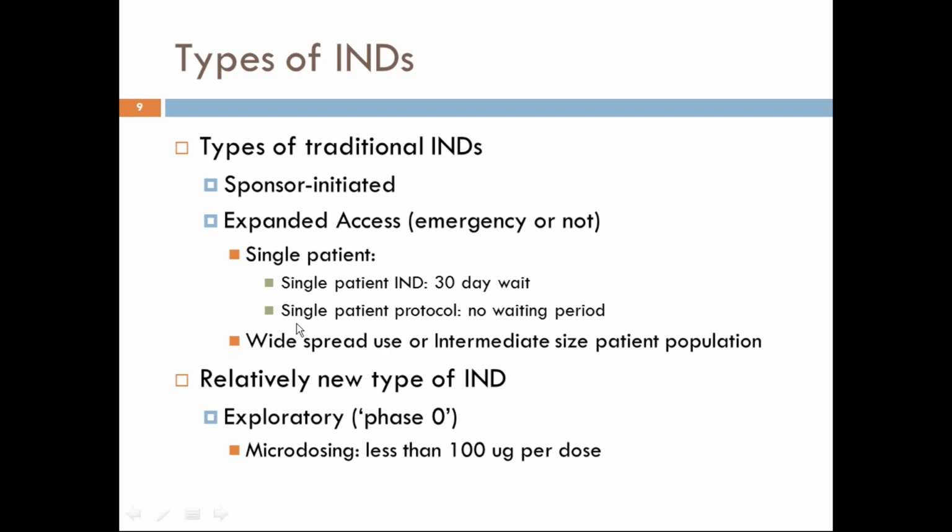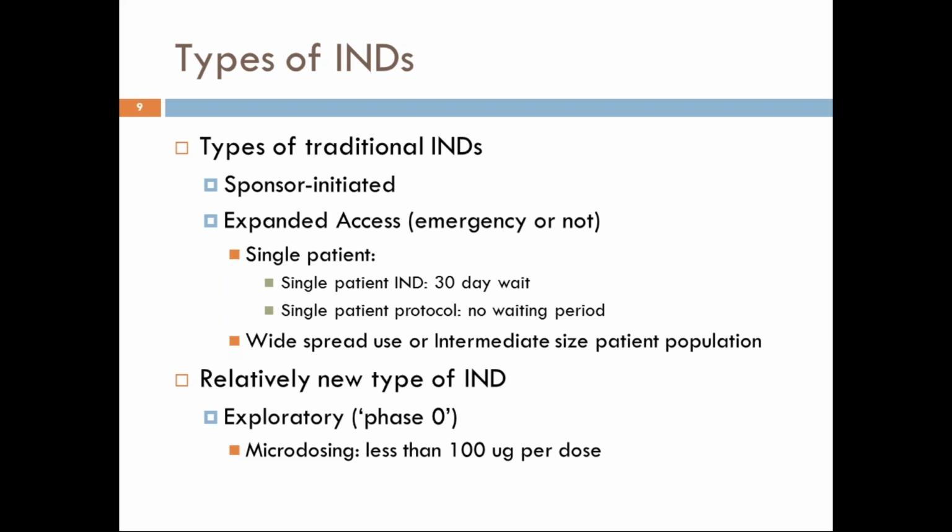Now, sometimes you can also do what we call a single patient protocol. An IND can have multiple protocols under its umbrella. So, for example, with the baby example, this was a gene therapy protocol where we use a modified virus to inject directly into brain tumors. We wanted to treat a patient that was a little bit younger than the inclusion criteria.